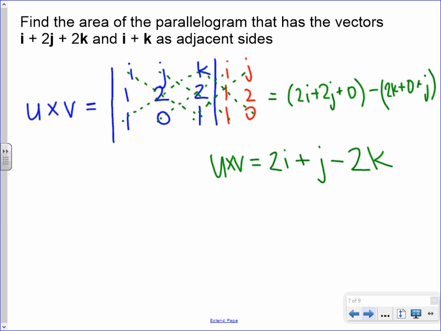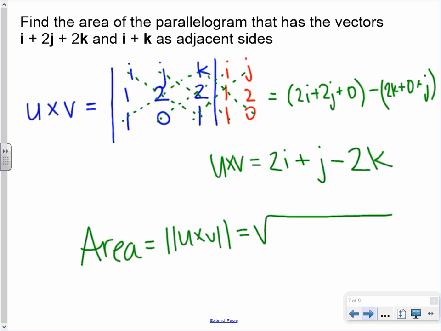Okay, good. So now the area of our parallelogram will be the magnitude of that vector, which is the square root of 2 squared plus 1 squared plus negative 2 squared.